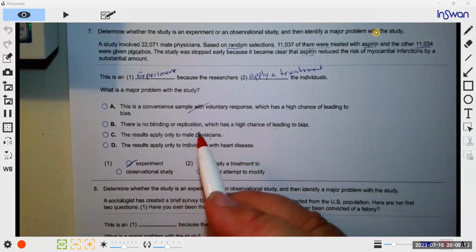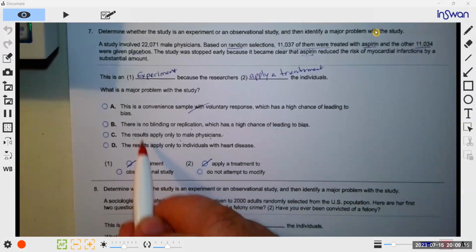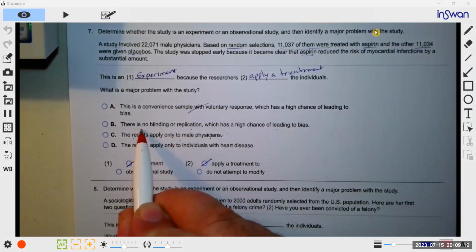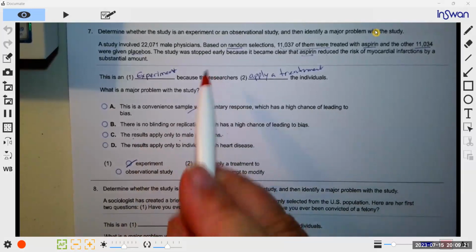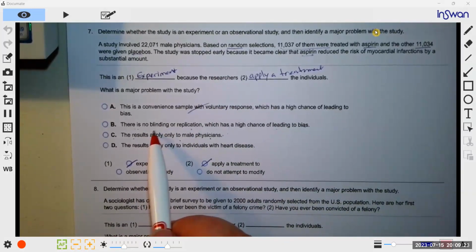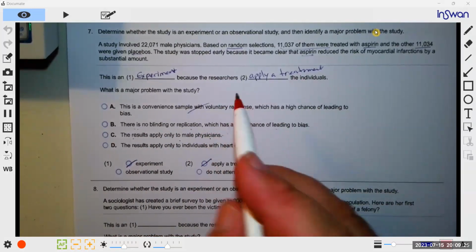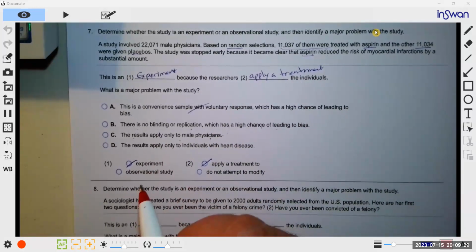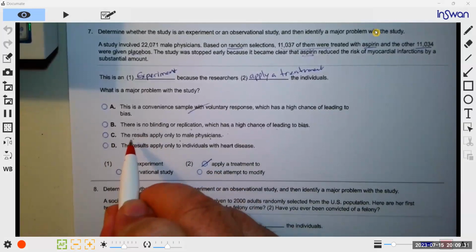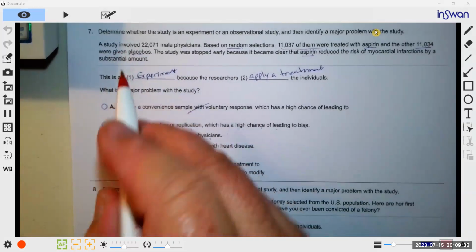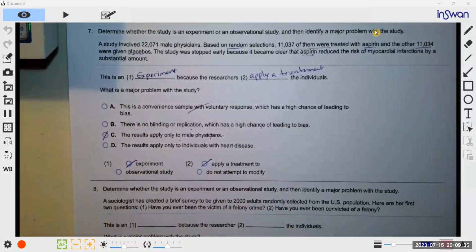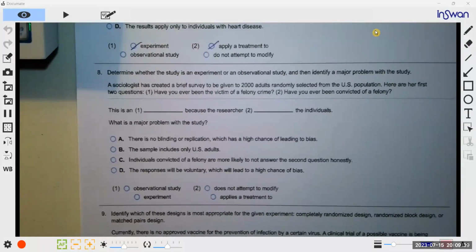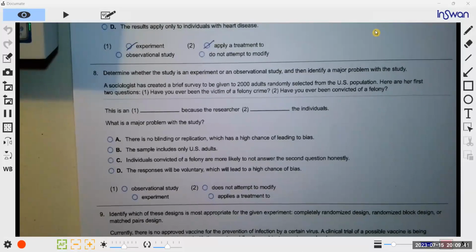No. There's no blinding. Well, it didn't tell us about the blinding. It just tells us what happened. So we can't really summarize that. So for this one, the only logical one is the results apply only to male physicians, because that's the only thing they used. How do those aspirins work on female physicians?